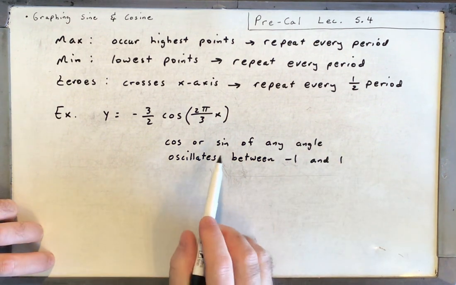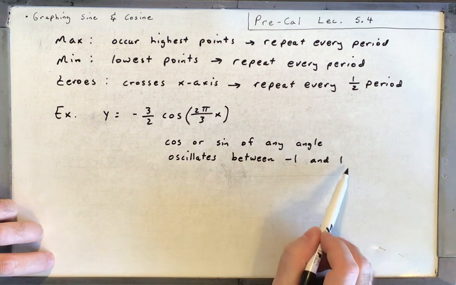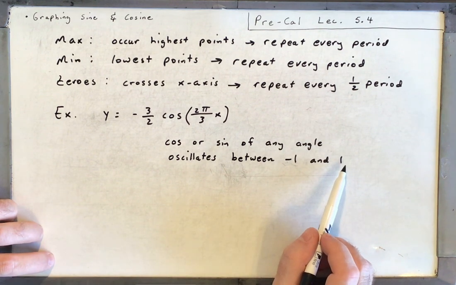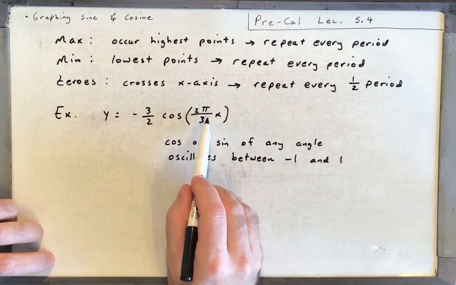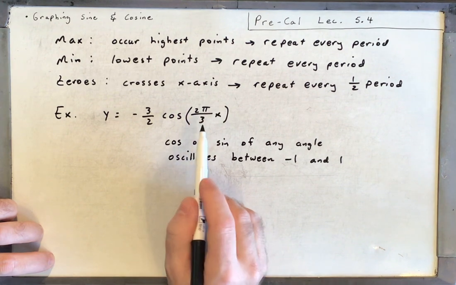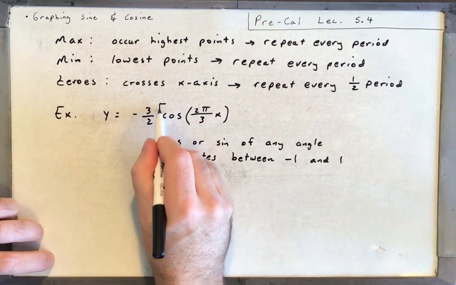If you look at your unit circle, it's just going back and forth between -1 and 1. So to find the max, you just want to look at this part right here.